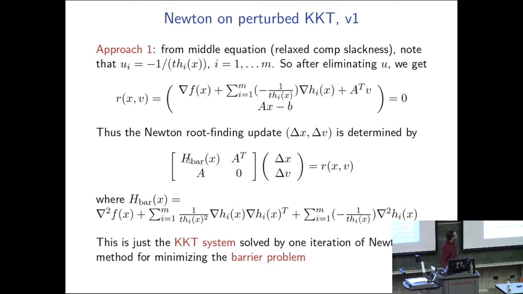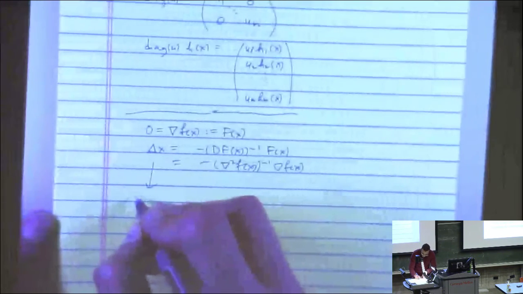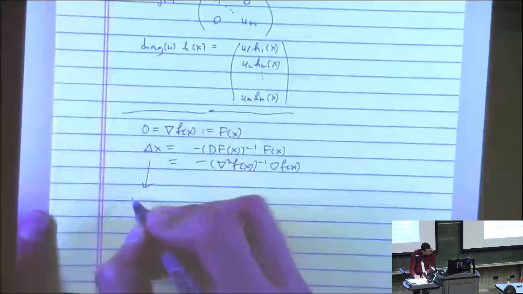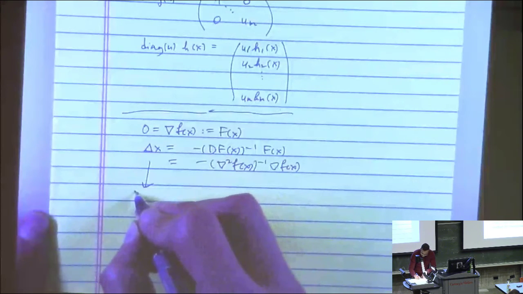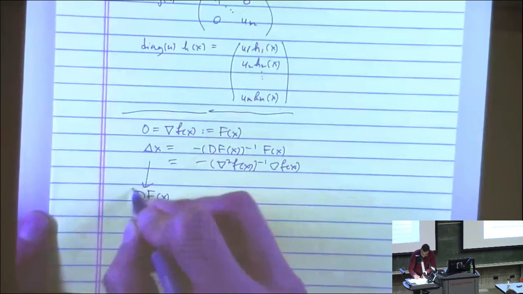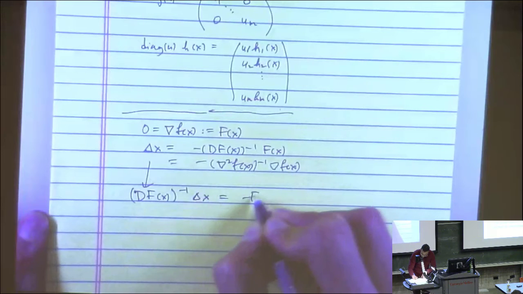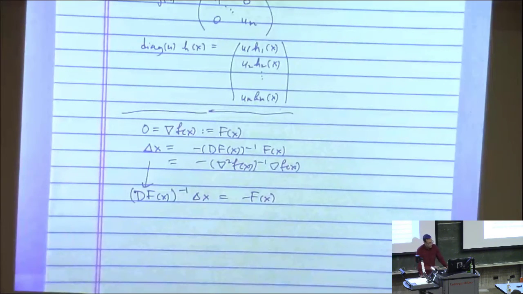This is going to be the Jacobian times the update direction equals the function. So we're just going to rewrite this Newton step. Another way of writing this Newton step is that we want to have, I actually missed a negative, the Jacobian times the step equals negative the function. So this right-hand side should say negative r of x and v.